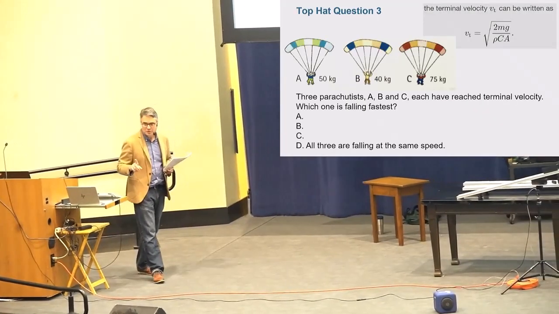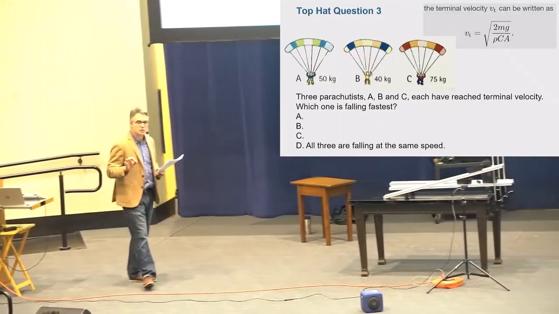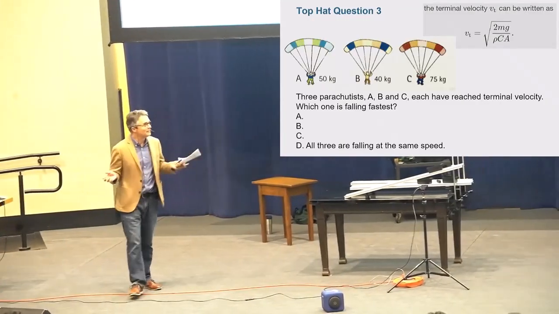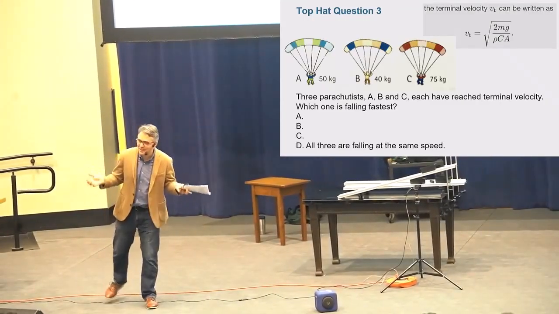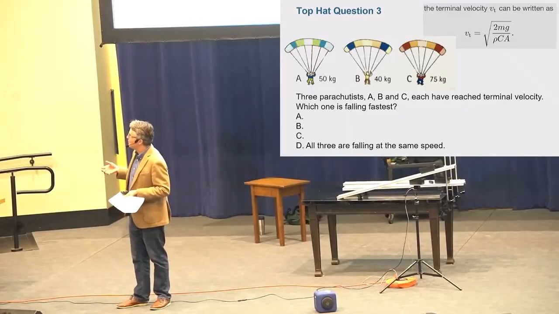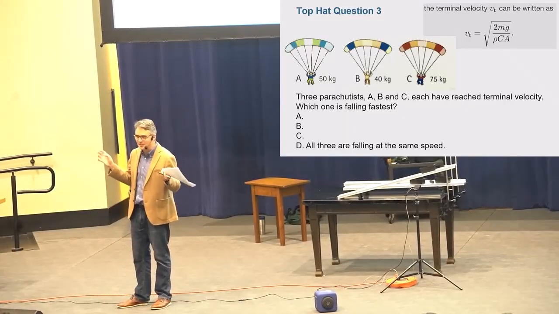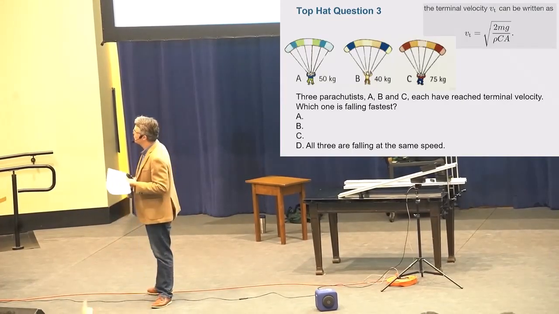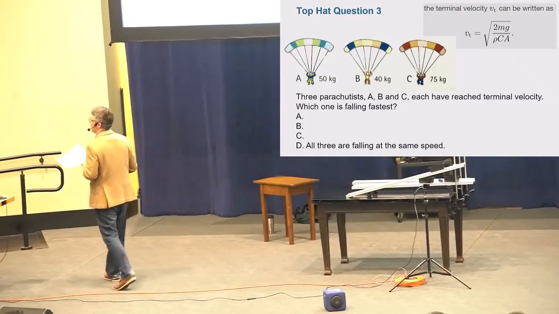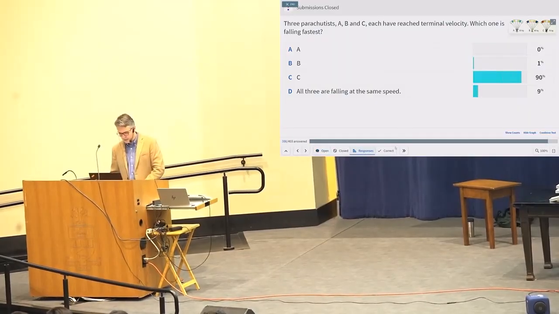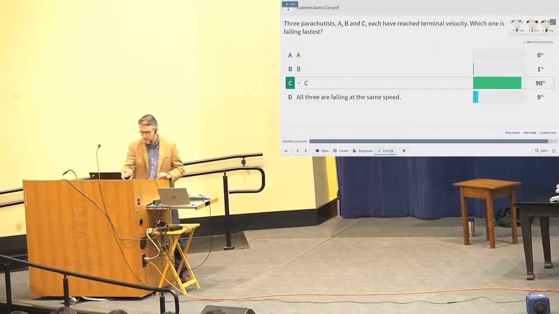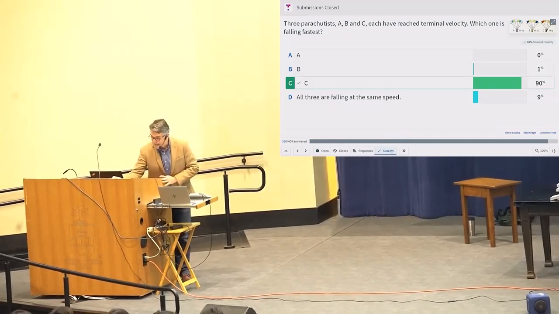Remember, there's that equation for terminal velocity. Let's say we have 3 parachuters. They all have similar parachutes, I guess, and they're falling down. They've all reached their terminal velocity. They're all happily falling towards the ground. Which one's falling fastest? However, you're saying C, the more massive guy, is going fastest.